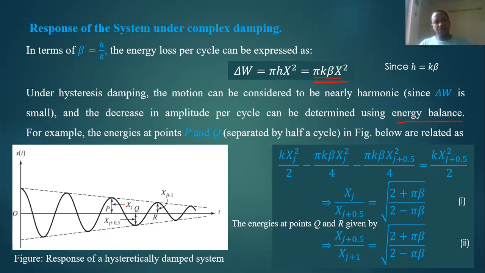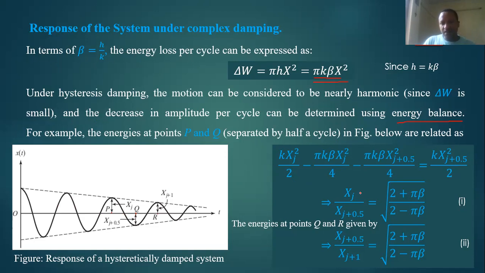So we can evaluate it for every half cycle, separated by half cycle. So for a given half cycle, k xj squared over 2 minus pi k beta xj squared over 4 minus pi k beta xj plus 0.5 squared over 4, which is equal to k xj plus 0.5 squared over 2.